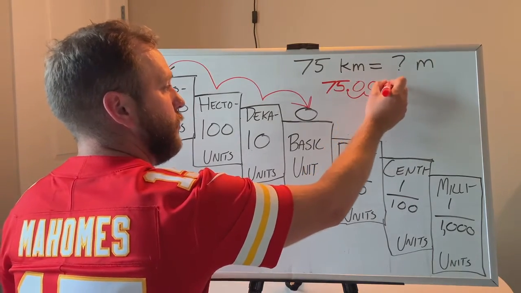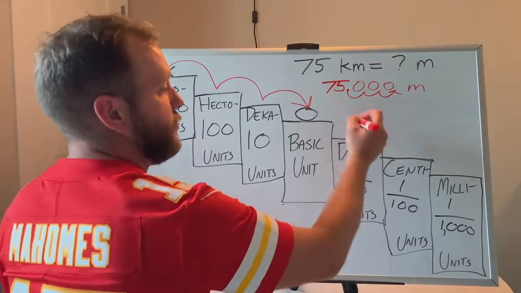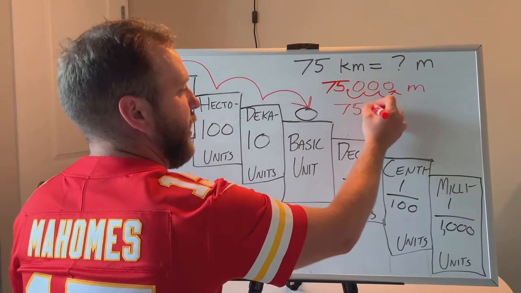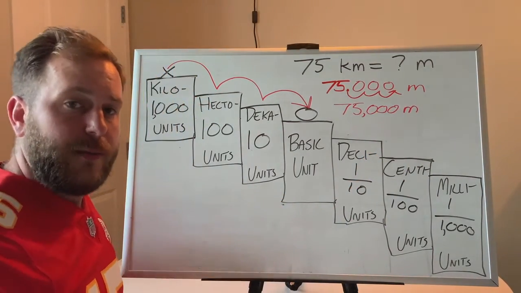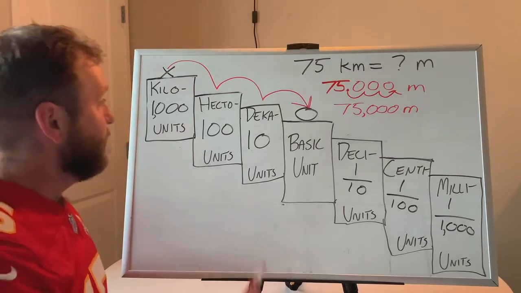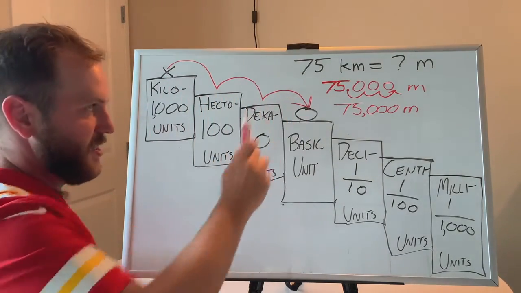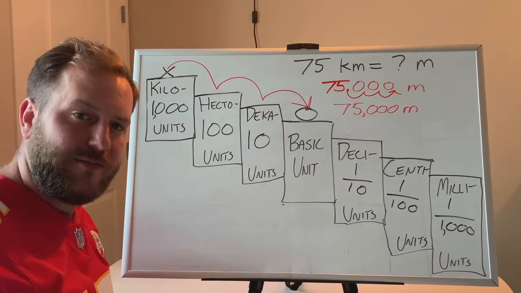That becomes our answer in meters. So your answer becomes 75,000 meters. You could also multiply by the same number of tens: 75 times 10 times 10 times 10, which would be times 1,000, would also give you 75,000.